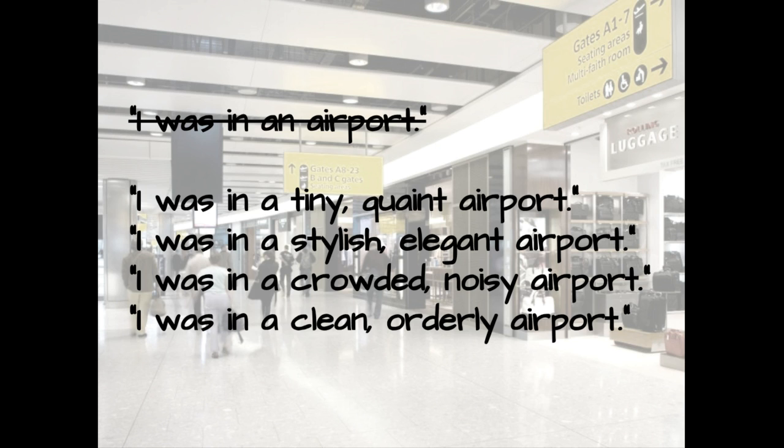Just by adding those 2 adjectives right before the word airport, we give the reader so much more information, and the reader can imagine so much more in the image in their head. And that is going to increase your mark massively if you carry on doing it throughout the entire descriptive writing.